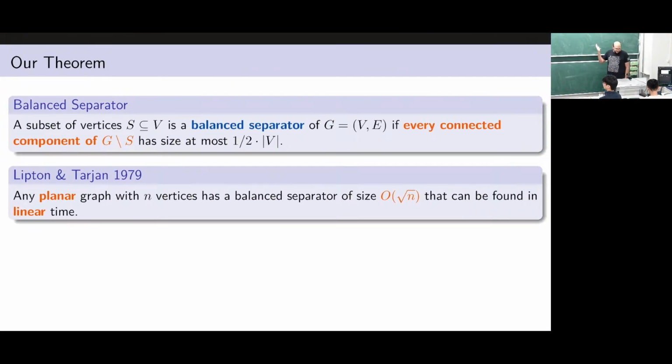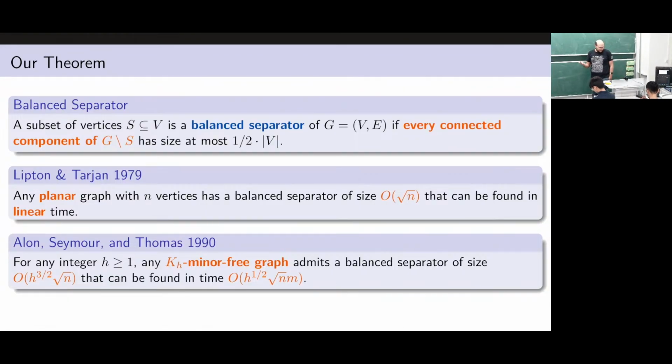There is a very famous theorem that says that planar graphs have a balanced separator of size square root of n, where this size is the size of S. So you can remove square root of n vertices such that the remaining components have size at most n/2, and in particular you can implement it in linear time.